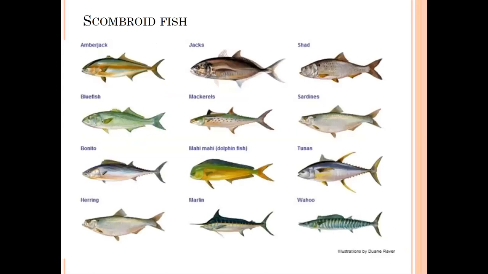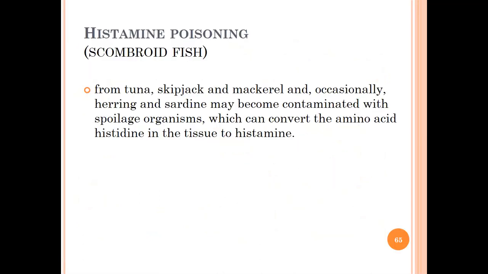Scombroid fish. Sometimes scombroid fish can be the source of food intoxication too. For example, mackerel, marlin, herring, tuna, sardines, amberjack, shad. If histidine is converted to histamine by bacteria, it can cause intoxication too.